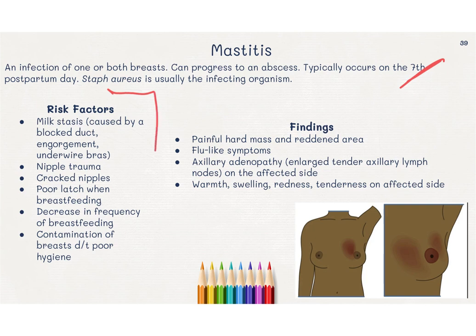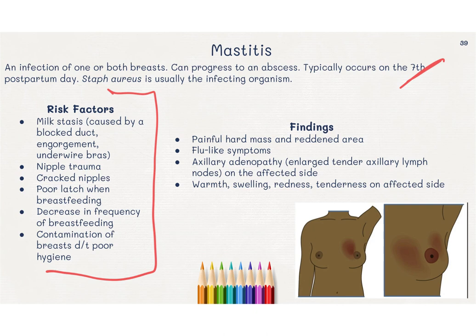So these individuals here are the people who are at risk of developing mastitis, okay? So again, try to get in front of it. If your patient has any of these things, lots of teaching before they go home, okay? Stasis of milk, that can be caused from engorgement. It can be caused from a blocked duct, okay?